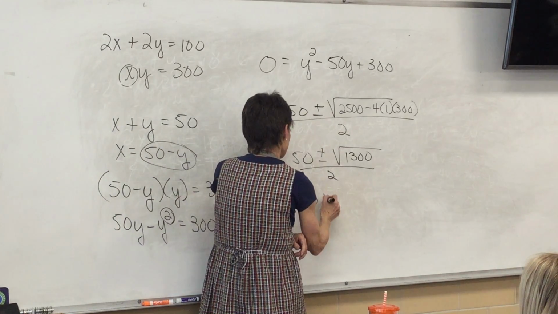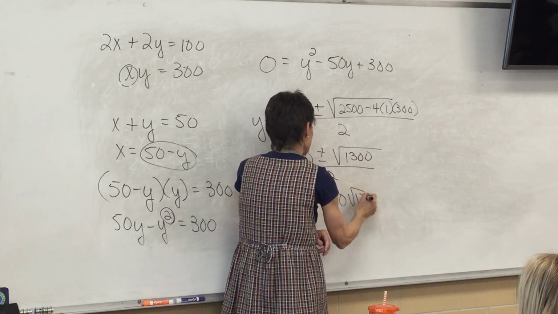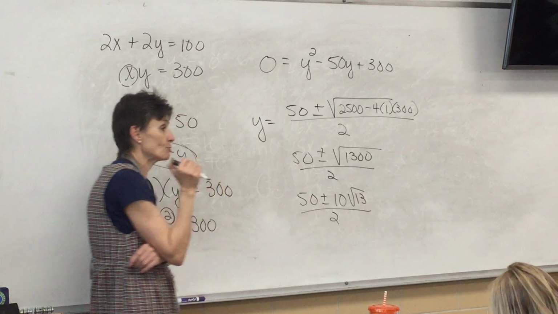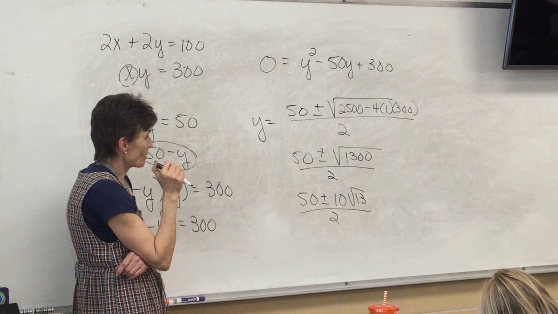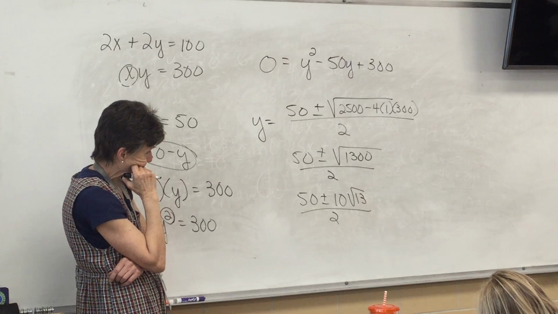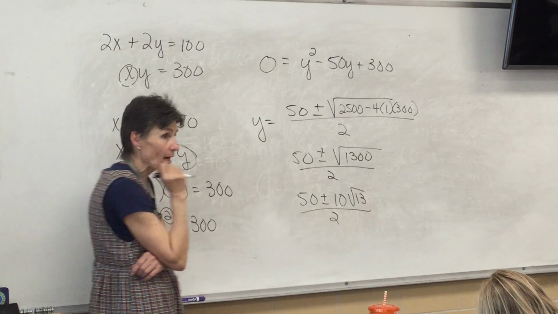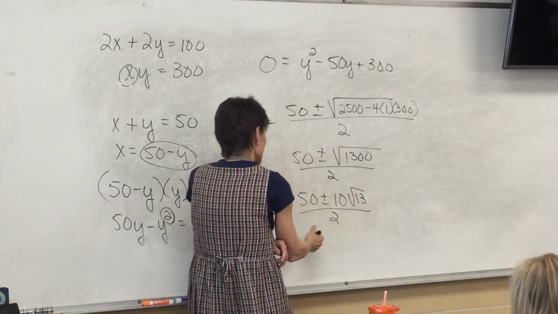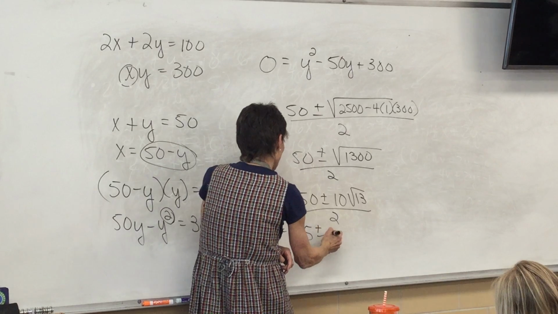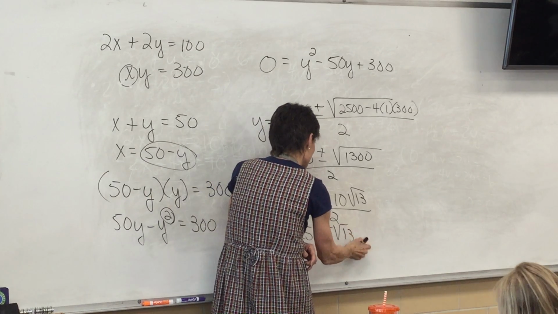So 50 plus or minus 10 root 13 over 2. Remember, the square root of 100 is 10. So I'm going to pull the 100 out and the 13 has to stay. Now, I can divide, not by 50, but by 2. So I have y equals 25 plus or minus 5 root 13.